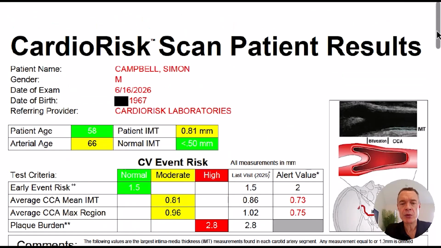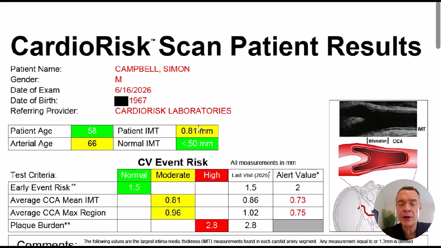Point being, going back to the standard deviation issue, my IMT was 0.92. Now it's 0.81, okay? That's 0.11 change. Remember what I told you about the standard deviation? The standard deviation is 0.02 millimeters. So I am way beyond 2 standard deviations.